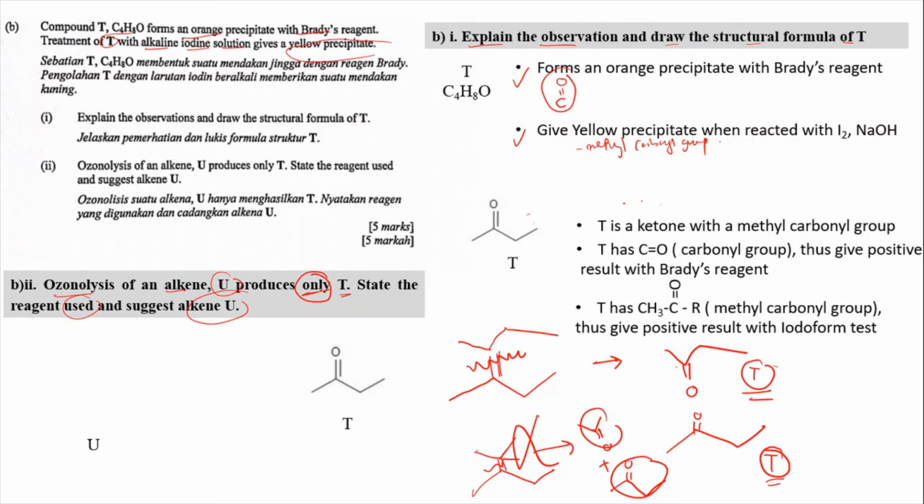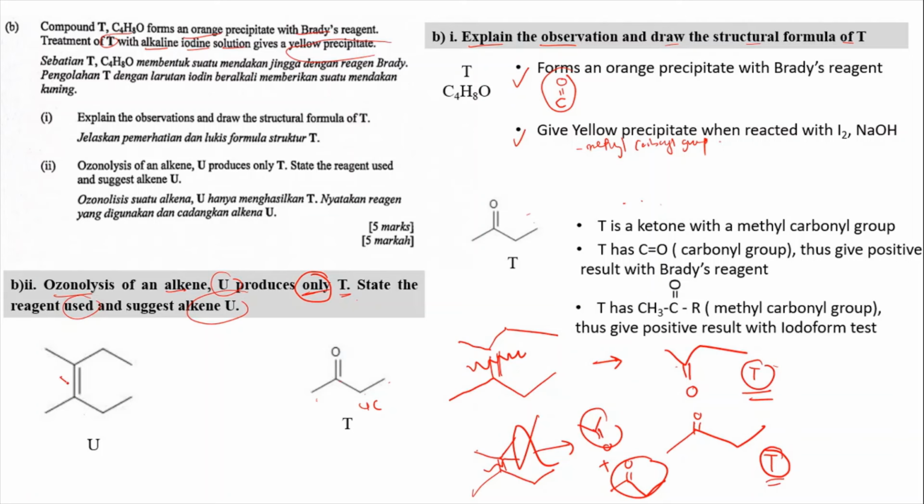Pasal disebut only T. So basically 1, 2, 3, 4 carbon, you need to double it into 8 carbon, and then you have a double bond in between. So your structure U here is going to look something like this.